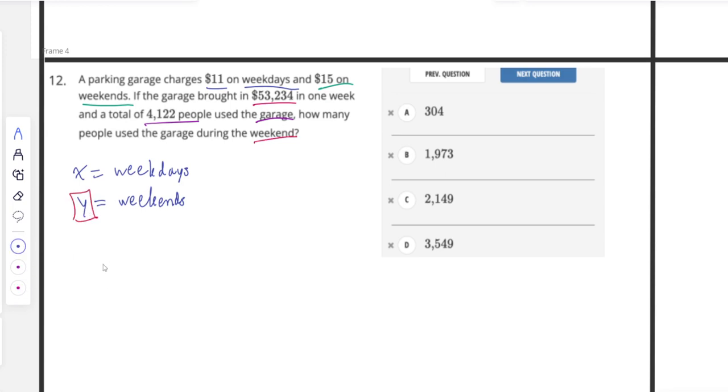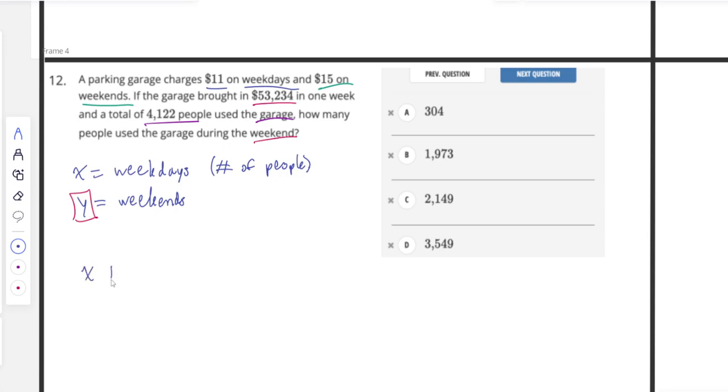But it's more correct for us to say that this is the number of people who used it on the weekdays, and this is the number of people who used it on the weekends.